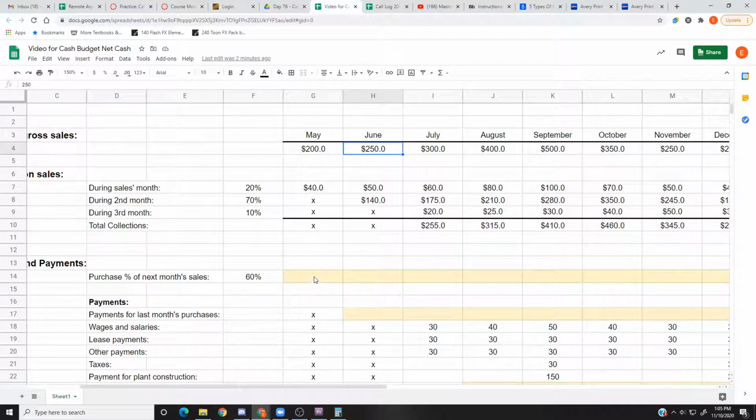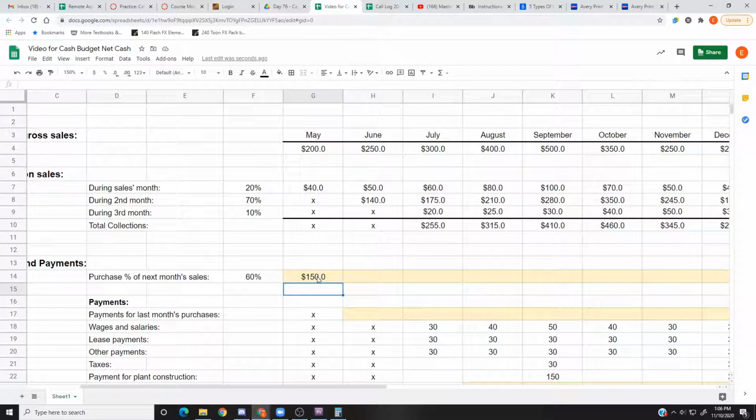So I'm going to hit up Walmart or somewhere, wherever I get my supplies. I'm going to buy them the month before I need them. So I'm going to spend 60% of what I think I'm going to make on next month's sales. So it's going to equal 250 times 60%. So of that $250, I'm going to spend $150 for the supplies.